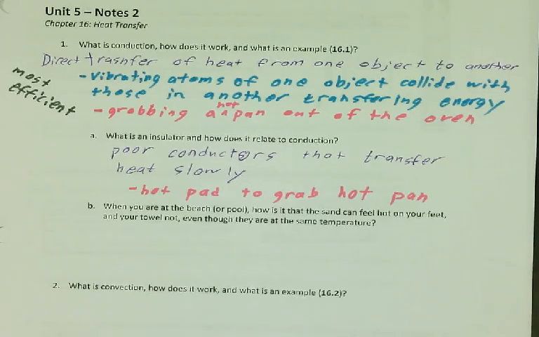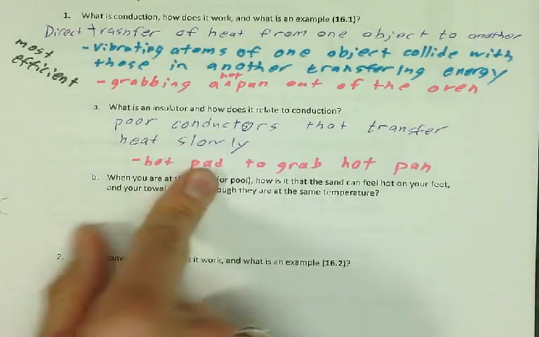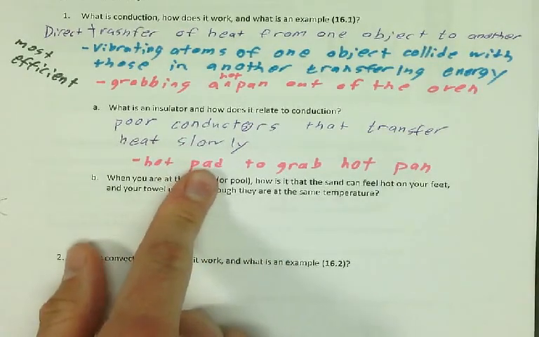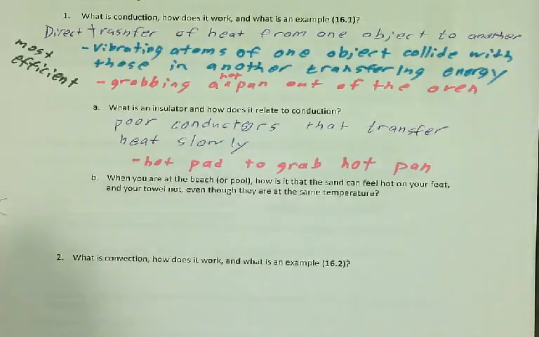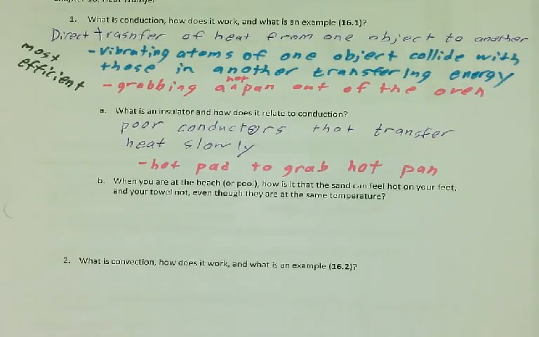Okay? This is life advice from Mr. B from physics class. Good things to learn. Good, so that's an insulator. Interestingly enough, things that are good conductors of electricity are usually good conductors of heat. Things that are bad conductors of electricity are also bad conductors of heat. So insulator works both ways for electricity and heat.